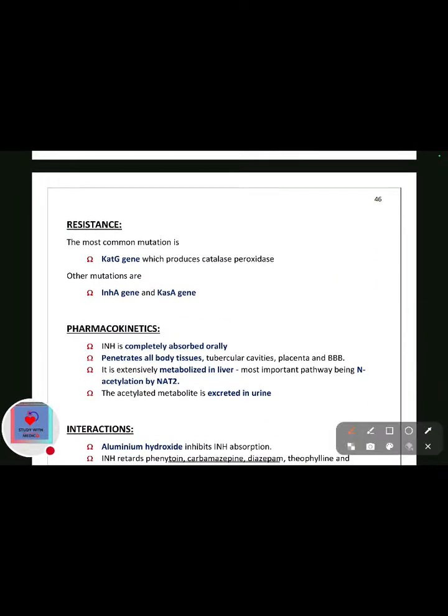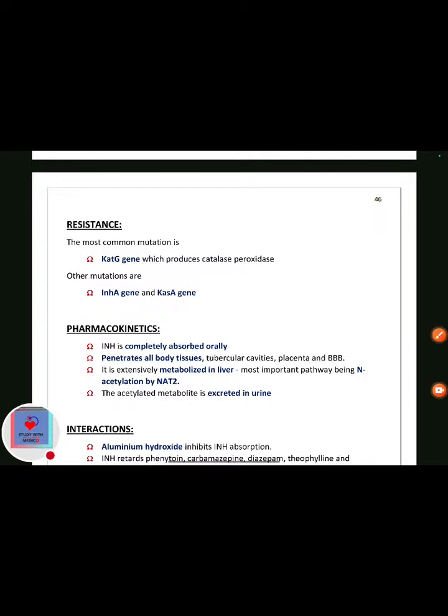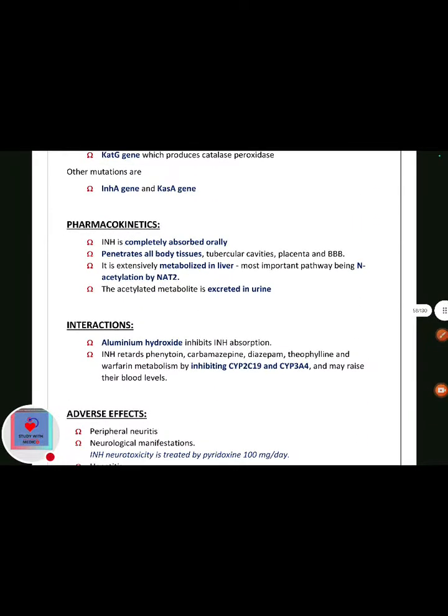But if the KatG gene is mutated, what will happen? It will not be able to produce catalase peroxidase. With other mutations of the INHA and KasA genes, mycolic acid synthesis will not be inhibited. INH is completely absorbed orally.